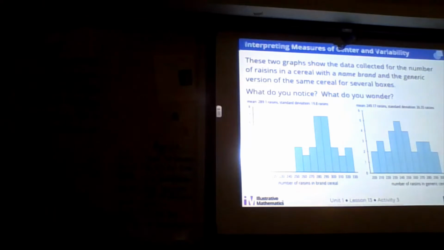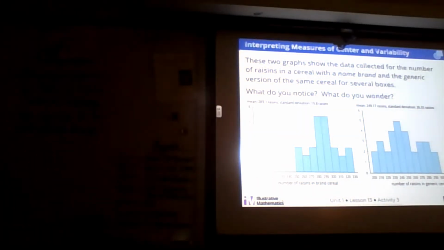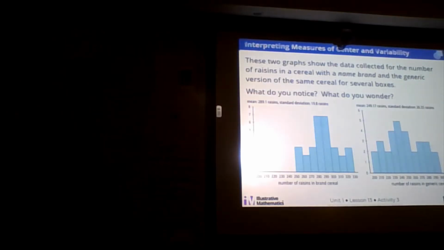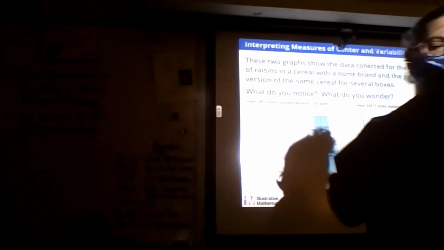So you've seen on multiple questions, quiz questions, things like that, I'll say interpret the blah blah blah in the context of the question, right? So we're going to first do some notes about what that looks like. We're going to take these two examples that we just looked at with the raisin cereal. We're going to put these into our notebook right after that calculator page that we did yesterday.